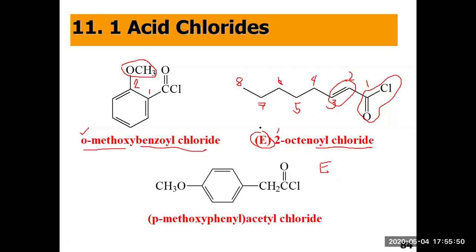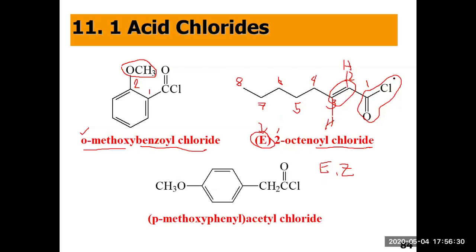You notice that we have here the letter E, and E belongs to another system of stating the configuration of the double bond. So we actually have the E-Z system. E stands for entgegen. This just means that the priority groups or the substituent groups are on opposite sides of the double bond. For example, this carbon here is bonded to a hydrogen, and this carbon here is bonded to a hydrogen.